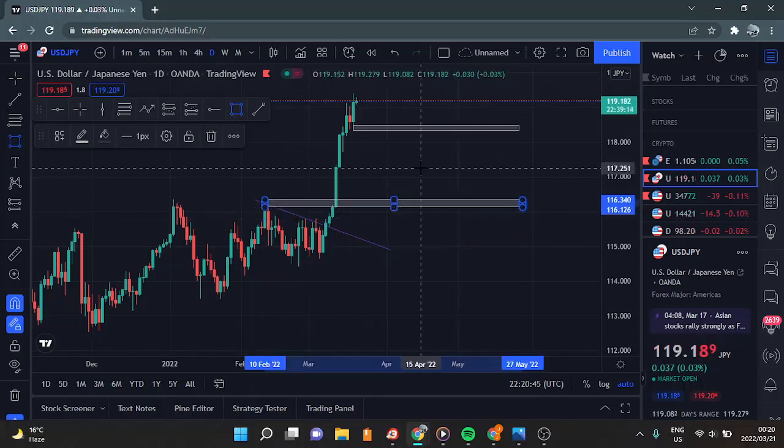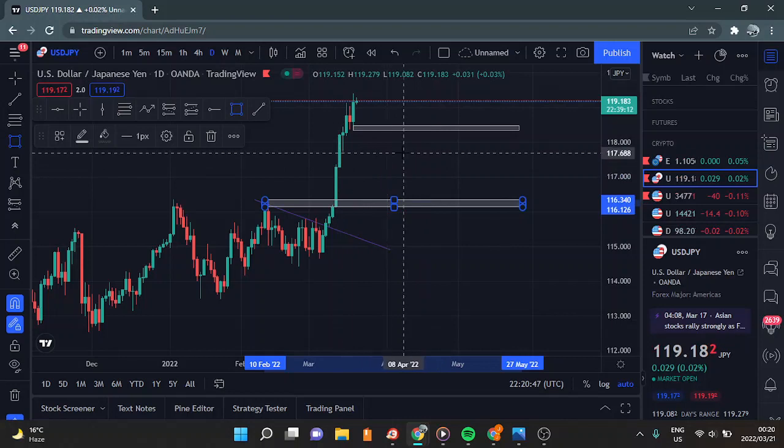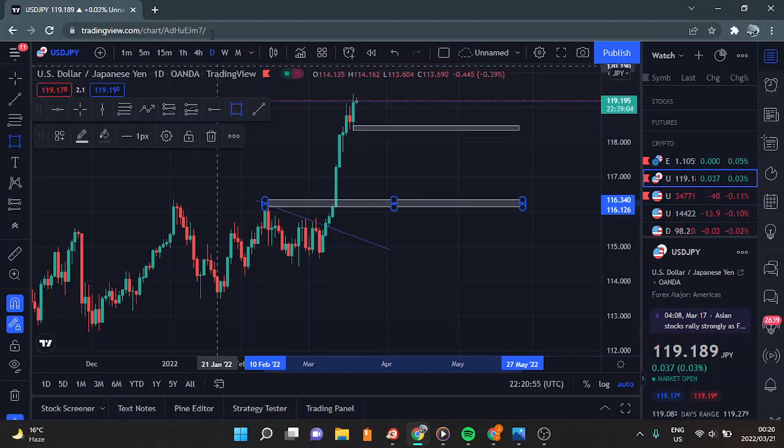I like to use my supply and demand zones on a daily time frame, as they are more valid when they are on a daily time frame and a 4-hour.